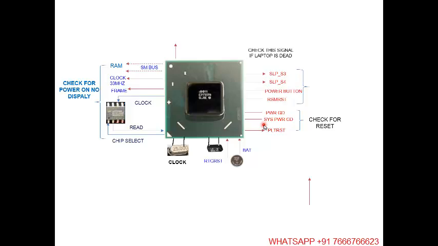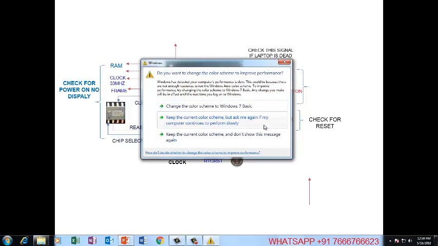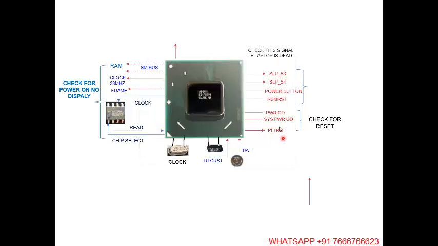It depends on the model, but most probably from the SIO. If these two signals are coming, then the PCH has to send out the signal PLT reset. And if these signals are going into the PCH but this signal is not coming out, that means the PCH is bad.